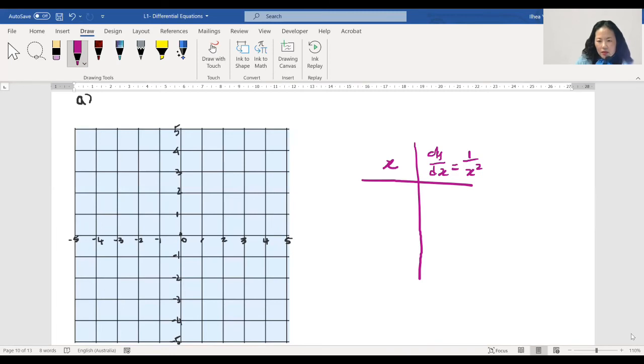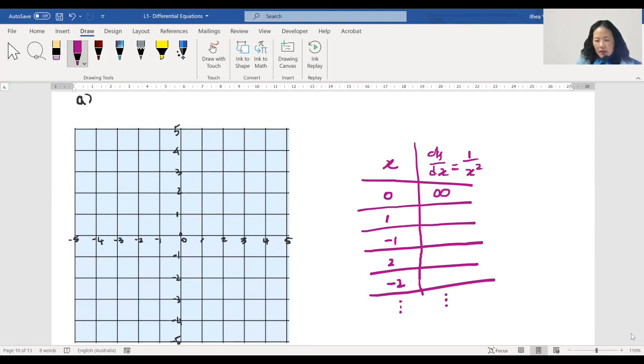And I'm going to go with a 0. I know it can't be 0, so I'm just going to put infinity there. Then 1, and minus 1, because I want to see what happens to the other side. So when I put 1, it's 1, minus 1 still 1, then 2 gives 1 over 4, and minus 2 gives 1 over 4.